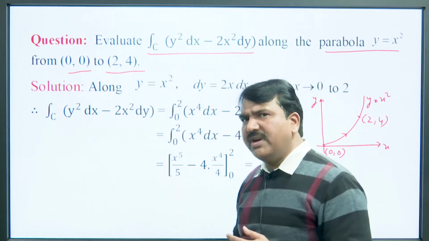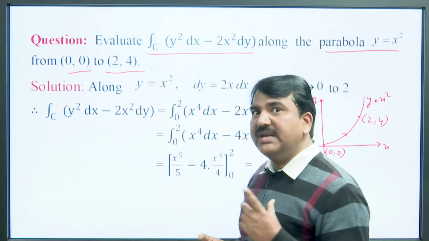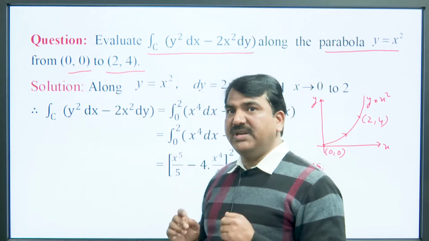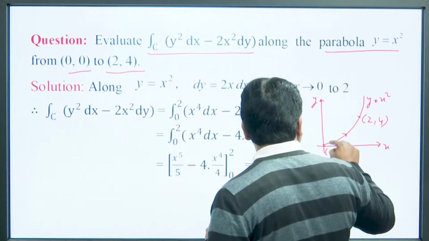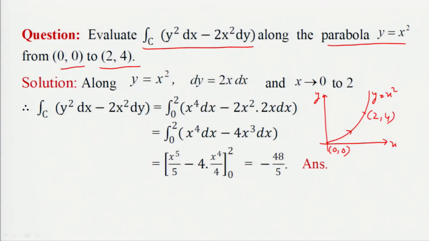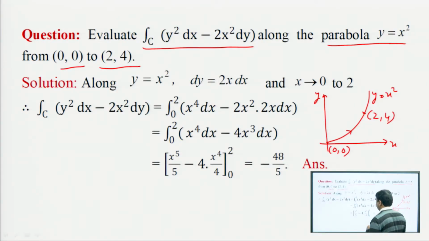Direction is very important, we always have to define the direction. Generally we take the counterclockwise direction to find the line integral. Now, along the curve y equals x squared, we find the value of dy.